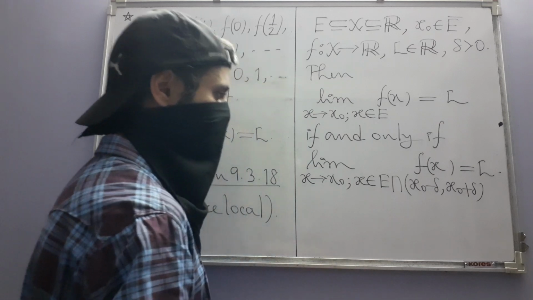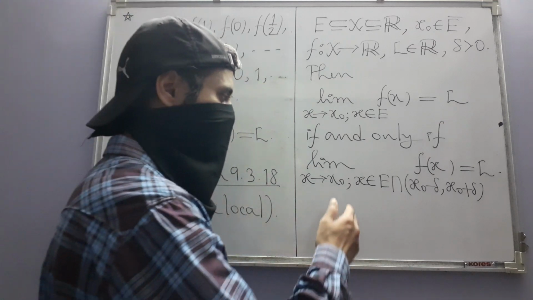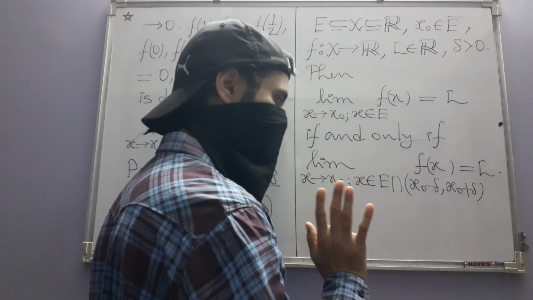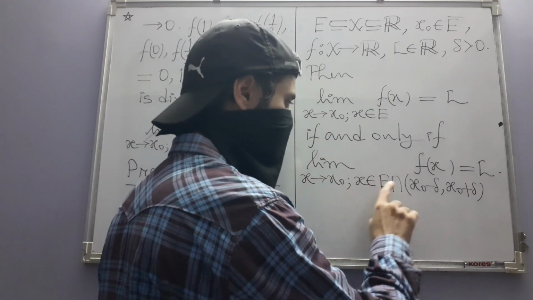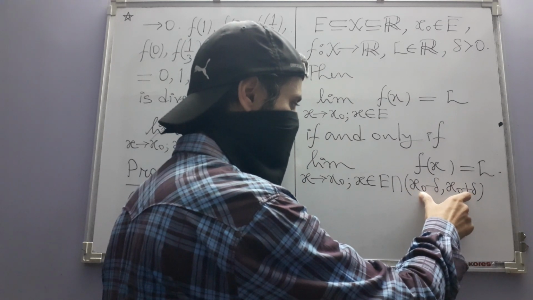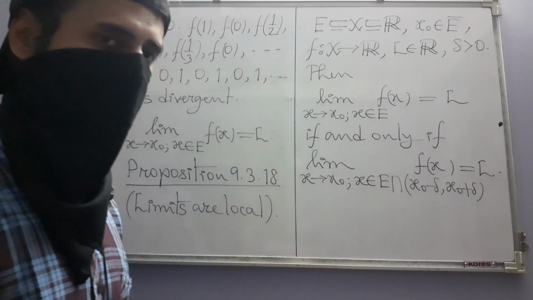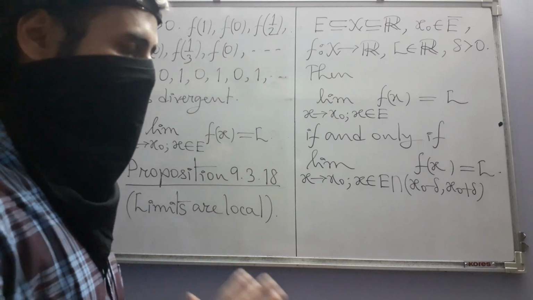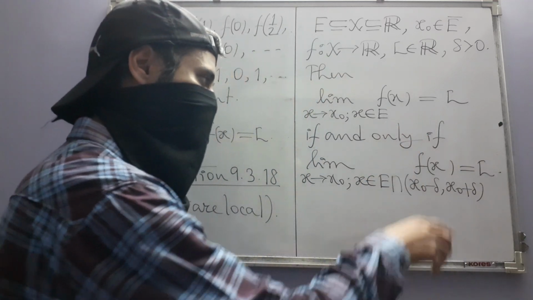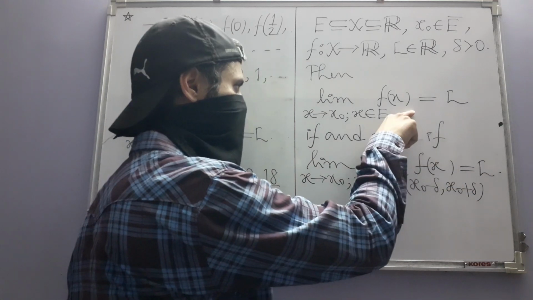You choose a very small delta so that you are again taking x from E, that is there, okay, but at the same time you are also focusing in this region only. Then that doesn't change anything. That limit will still be L, and if this is L, then this is also L.